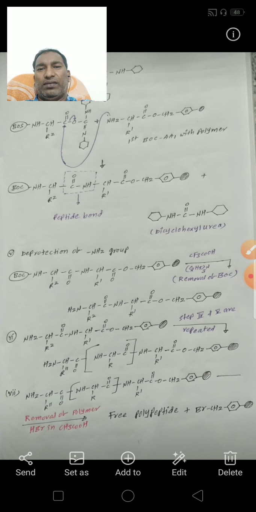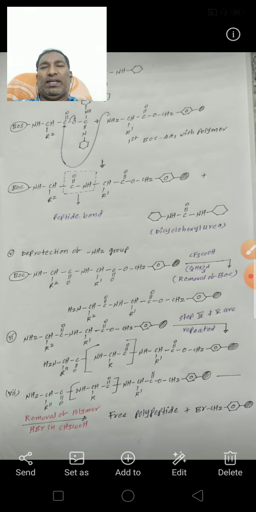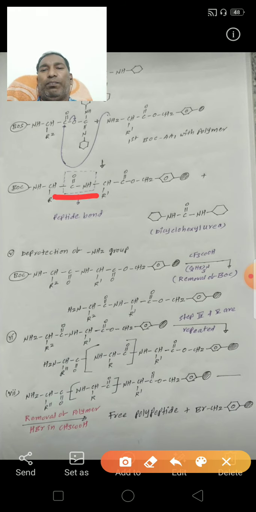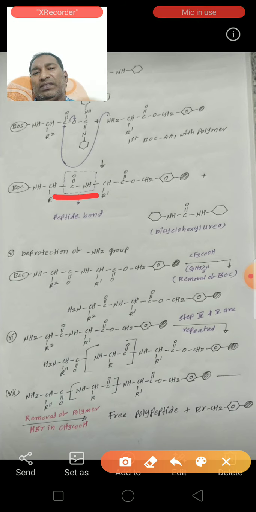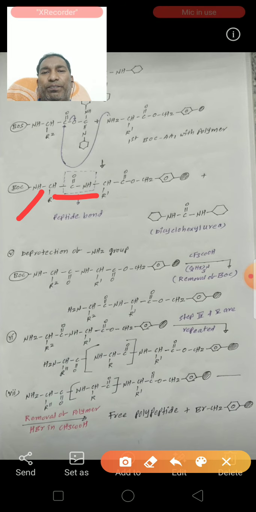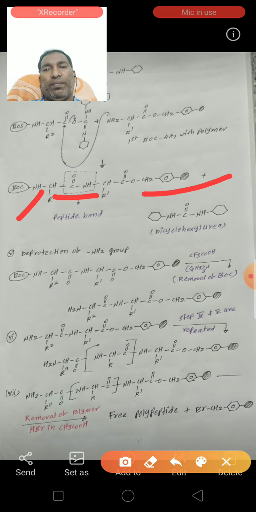So the second amino acid carboxylic acid group and the first amino acid NH2 group are condensed to form a peptide bond. So this peptide contains the N-terminal with BOC and the C-terminal with polymer.